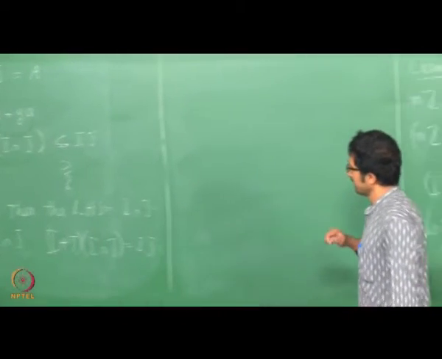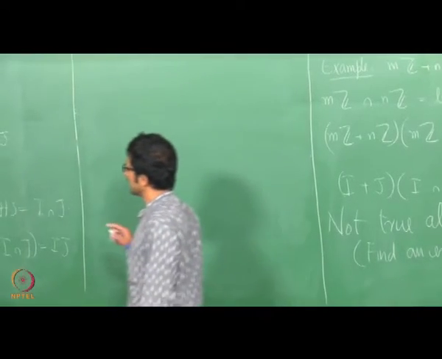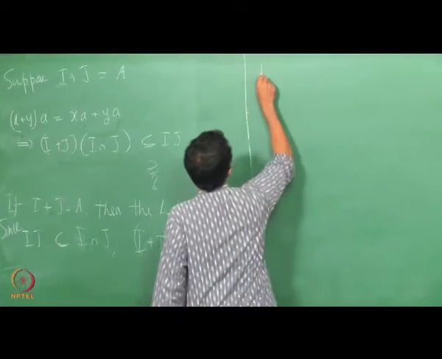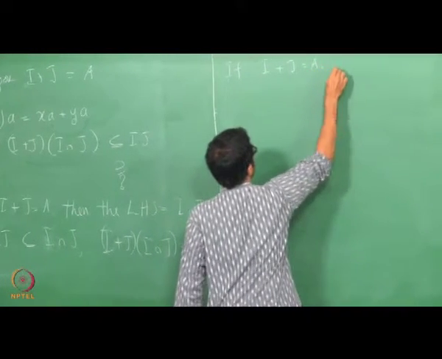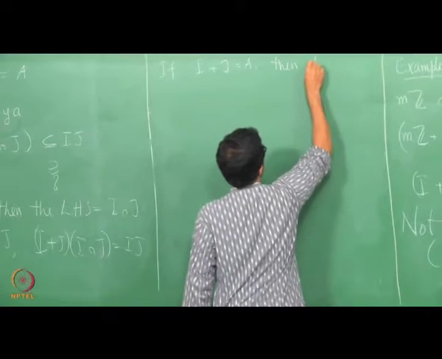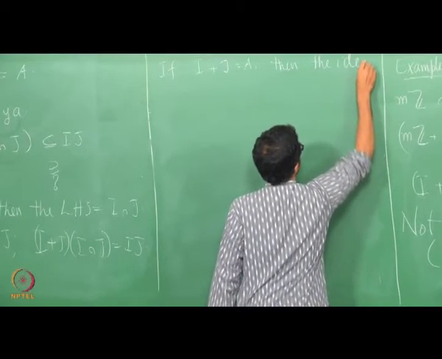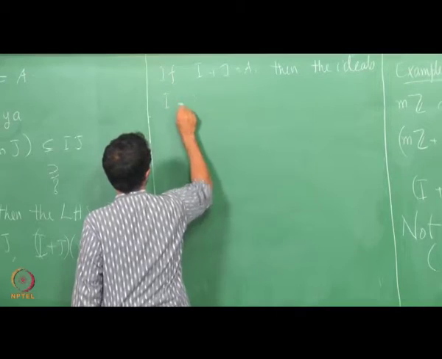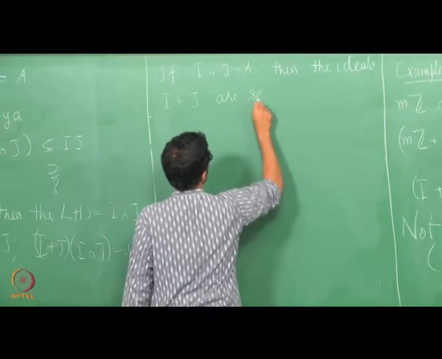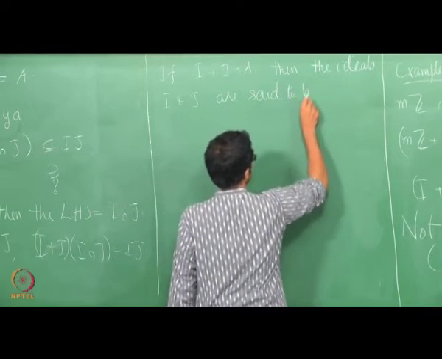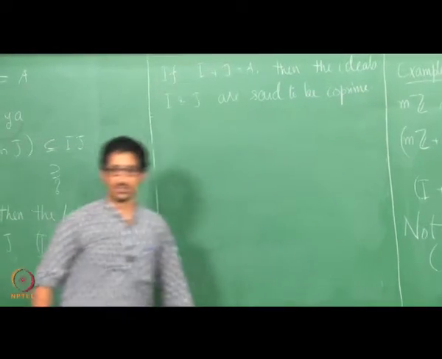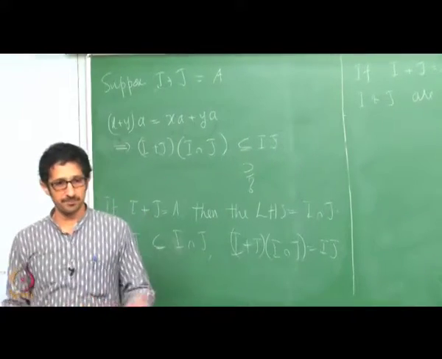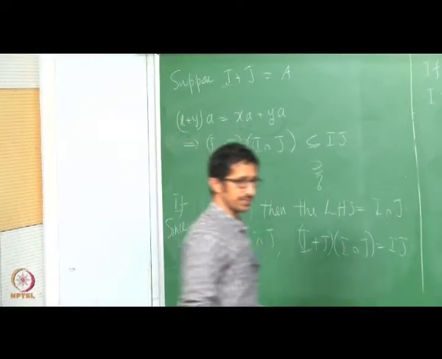Now if I and j sum up to A, then we say that the ideals I and j are said to be co-prime. The terminology again came from the ring of integers.